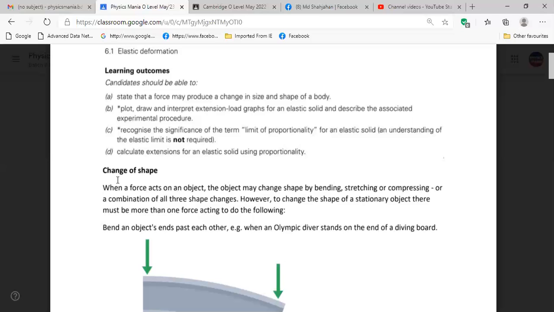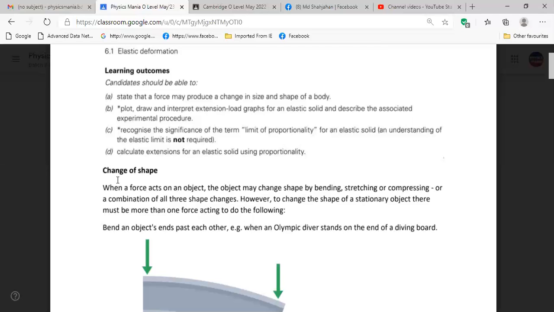For 200 gram, you are getting the extension 10 millimeter. This way you can go to 900 grams. But if you are crossing 900 grams, you will see for 1000 grams, it will extend little bit more.